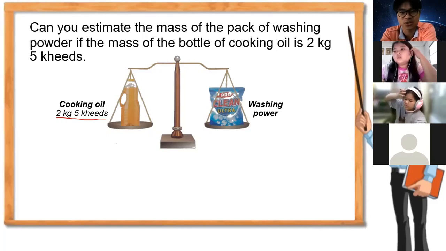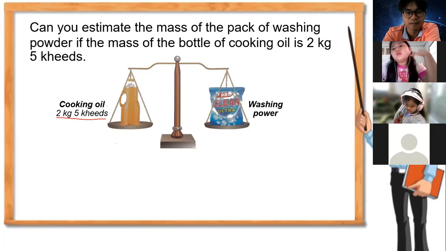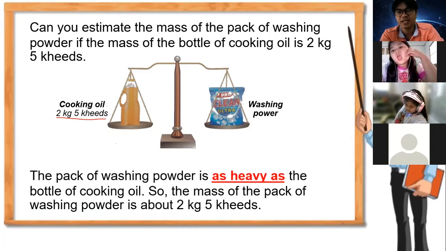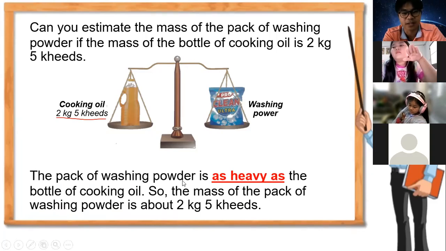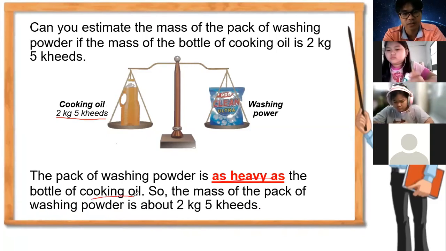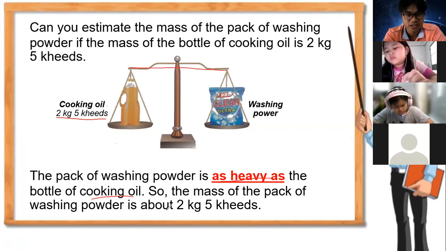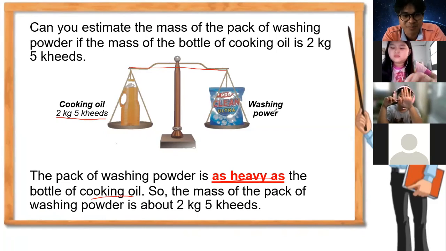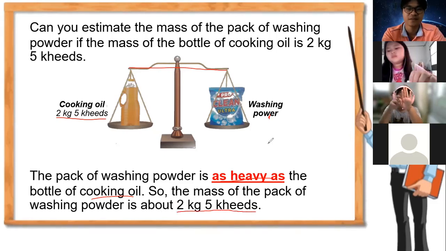But based on this picture, we can say that the pack of washing powder is as heavy as the bottle of cooking oil. You can see here it's level, right? So we can estimate that the mass of the washing powder is about 2 kilograms and 500 grams.